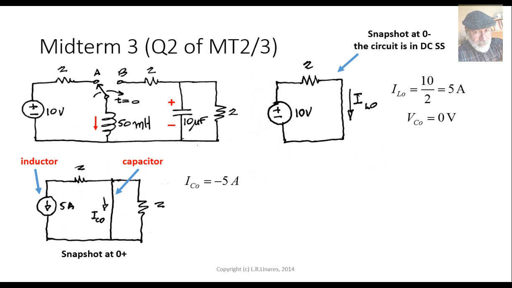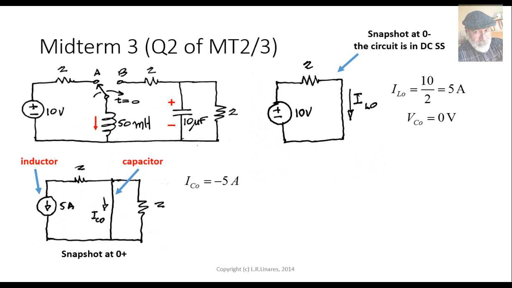Well, that value is just negative 5 amps, right? Yeah, absolutely. There is no current in the right-hand side 2 ohm resistor, so that means that all the current in the source is flowing through the capacitor, but backwards, negative 5 amps.